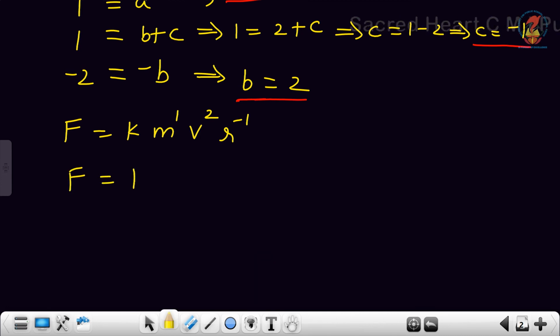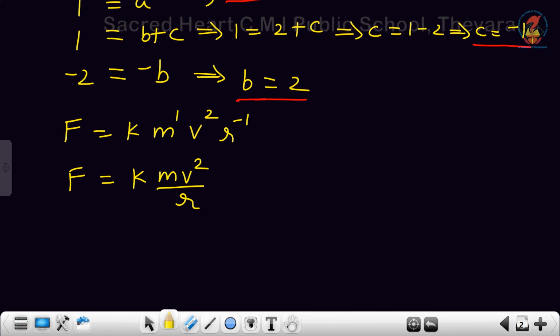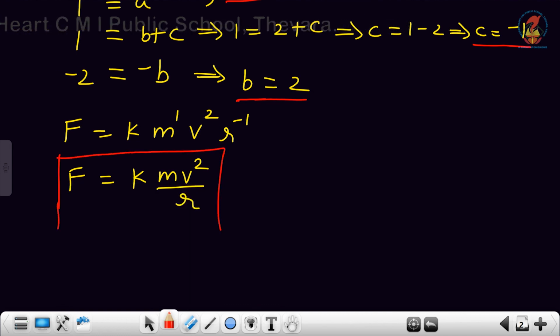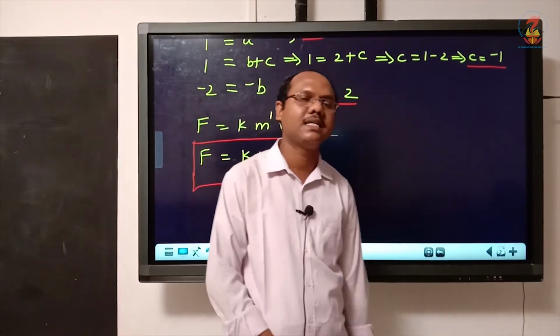So F is equal to K M V square, R raised to minus 1 can be written as R in the denominator. So our final answer will be F is equal to K into m v square by R. Okay, this is the expression for the centripetal force.